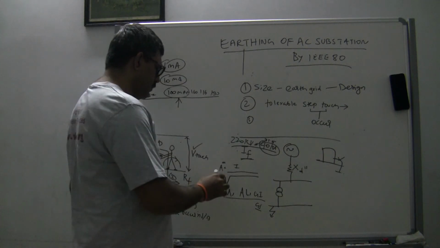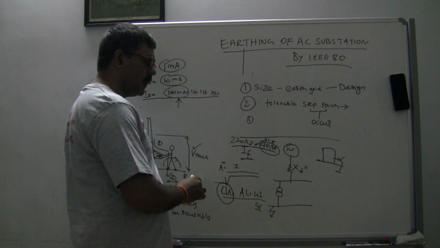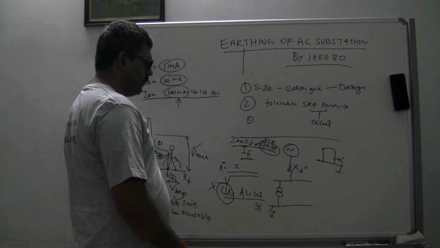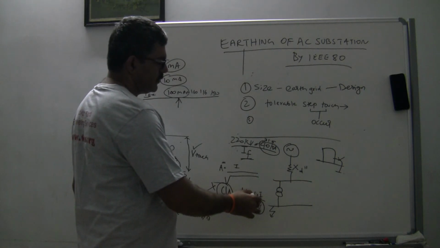But one thing you have to remember: when you are using cathodic protection, you cannot go for copper. So the best preferable one is galvanized steel.